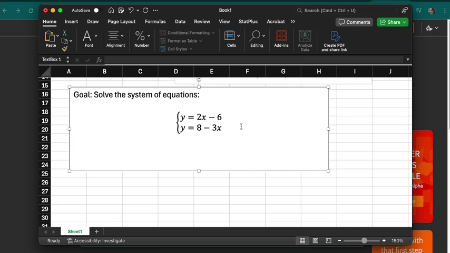So how do we know what tool is going to be the best in this situation? Here's our clues. Our clues are that the equations are given in what we call slope-intercept form.